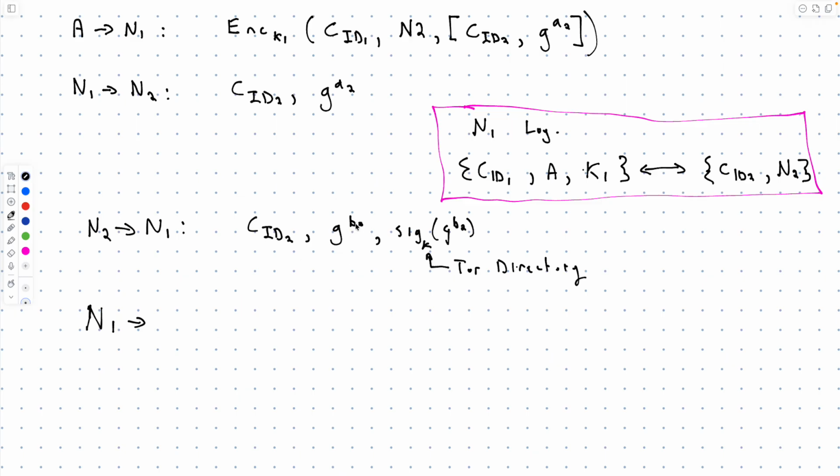It knows it's getting it from N2. How does it figure out that it needs to send this to Alice? It knows it's marked with CID2. It goes into its log, and it says, everything marked with CID2 that I get from N2 is going to Alice, tagged with CID1, encrypted under key K1.